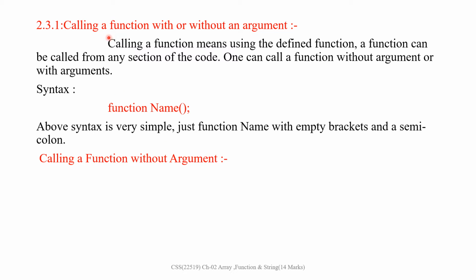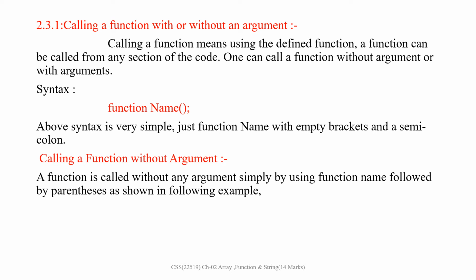In this topic, calling a function, we have to learn with arguments and without arguments. So firstly we will see calling a function without arguments. A function is called without arguments simply by using the function name followed by parentheses, as shown in the example.